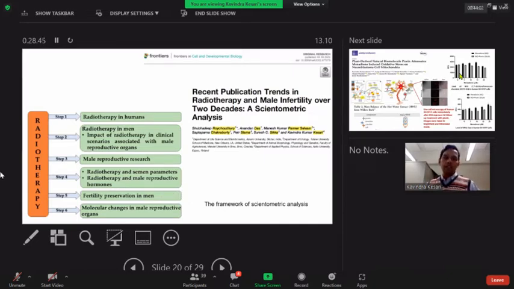So this study is showing, over the last 20 years of studies, how radiotherapy has side effects. In one way you treated cancer well, but on the other side you have some side effects also. So this whole study was to check how, in the last 20 years of studies, radiotherapy is also affecting human beings.